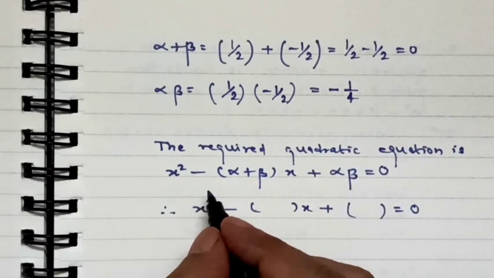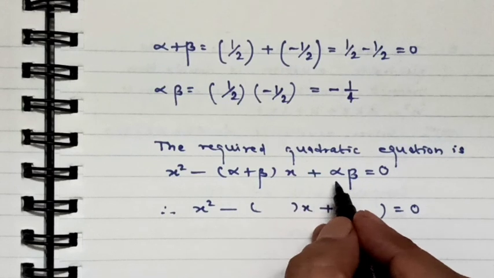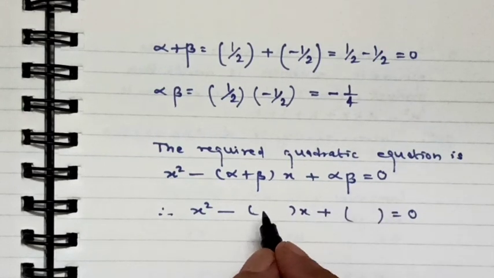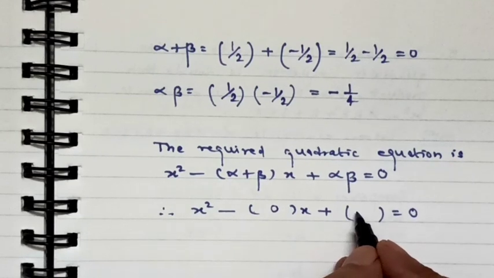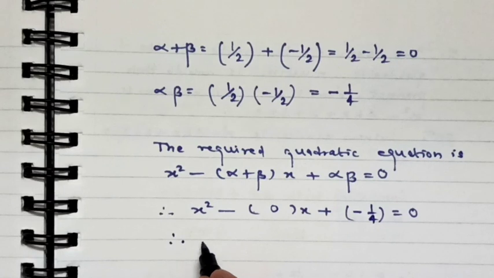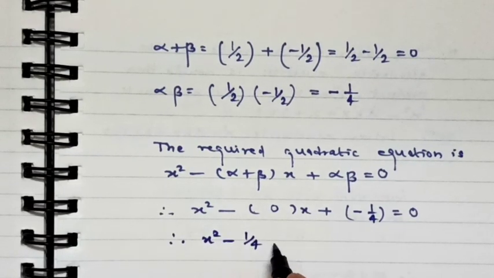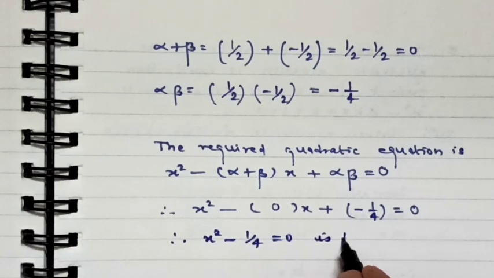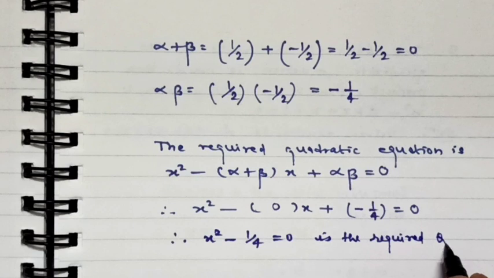Now quadratic equation will be x square minus (alpha plus beta) x plus alpha into beta is equal to 0. Put the value, here it is 0 because alpha plus beta is 0 and alpha into beta is minus 1 upon 4. Therefore x square, this will be 0, minus 1 upon 4 is equal to 0 is the required quadratic equation.